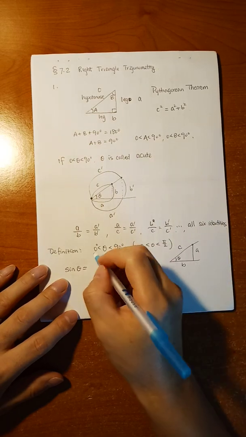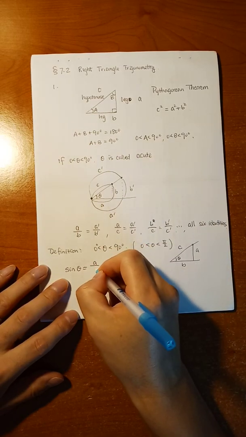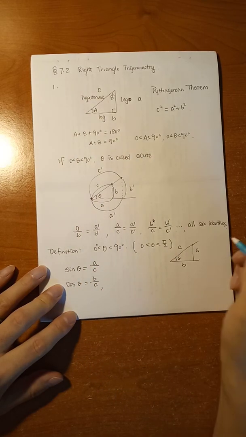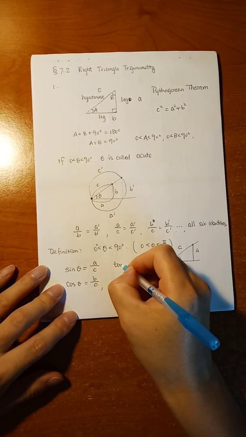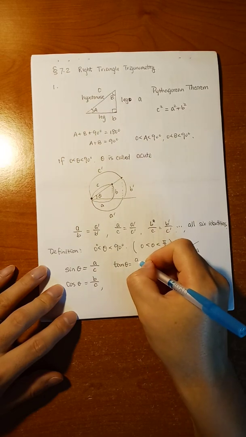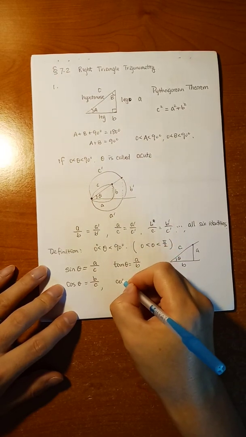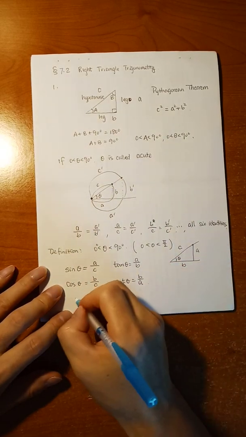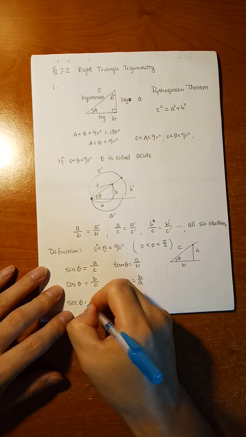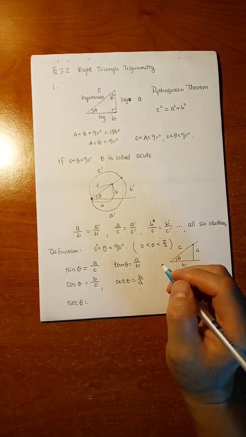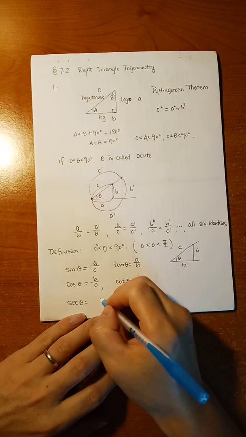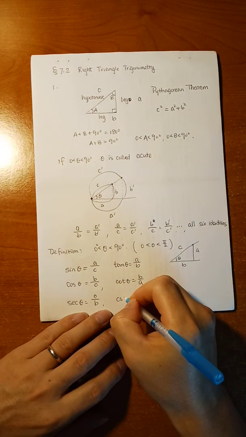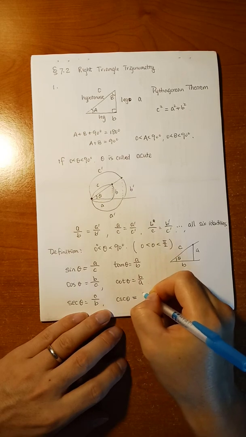Sine theta is A over C. Cosine theta is B over C. And the tangent theta is A over B. Cotangent theta is B over A. And secant of theta is C over B. And the cosecant of theta is C over A.